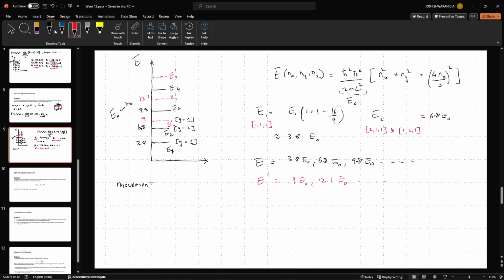So movement of electron or electrons from unprimed ladder to primed ladder is called intervalley scattering.